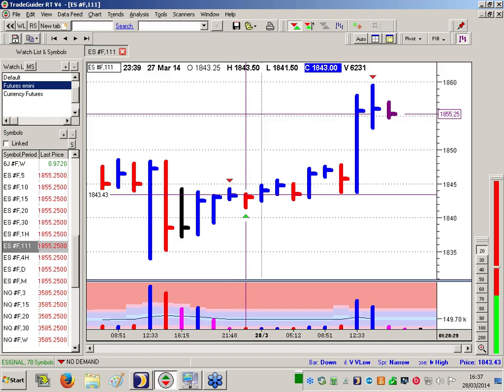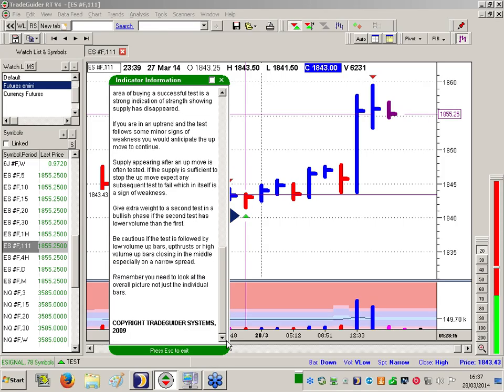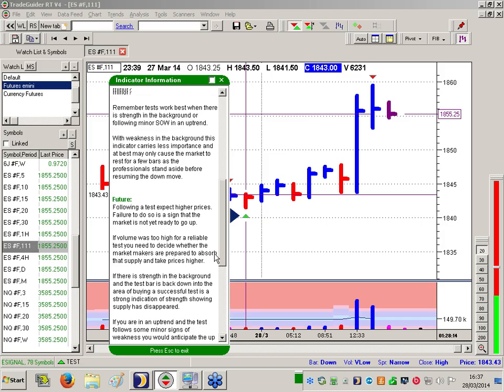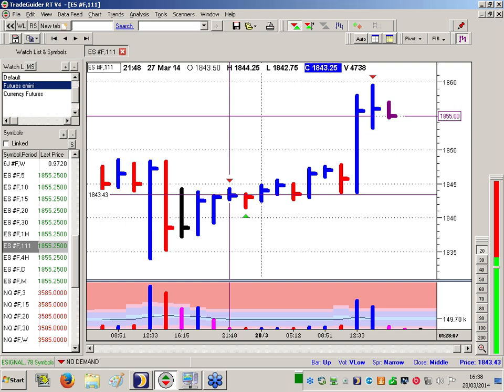And it moves on to the next bar, look, and lo and behold, there it is. Test, look. Read the dialog boxes. Put the cursor over the arrow and read the dialog box. We don't hold any secrets back from you. Everything we tell you is written in the program there. And that's why it went up, look.